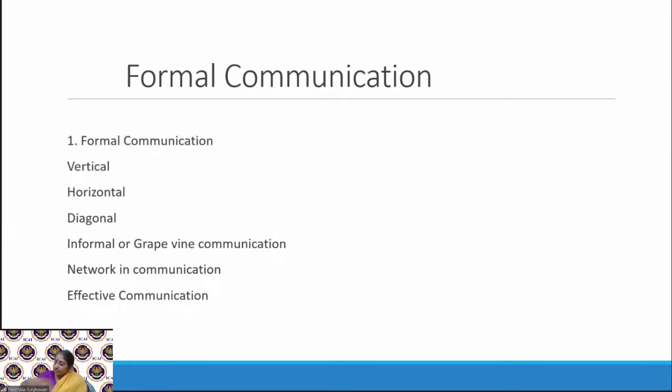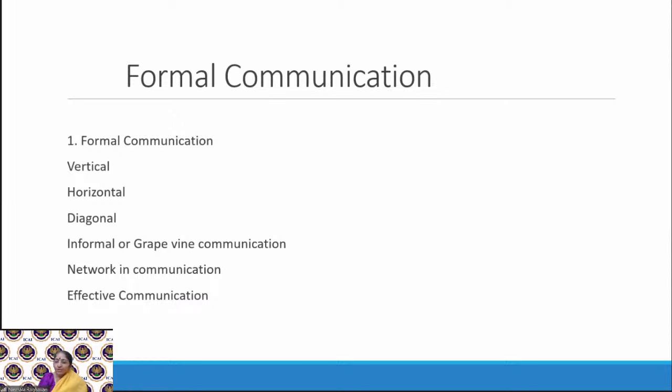Now, formal communication is of 3 types: vertical, horizontal, and diagonal. Then informal or grapevine communication, network and communication, effective communication. We are going to see all these today. The first thing is formal communication: vertical, horizontal, and diagonal.